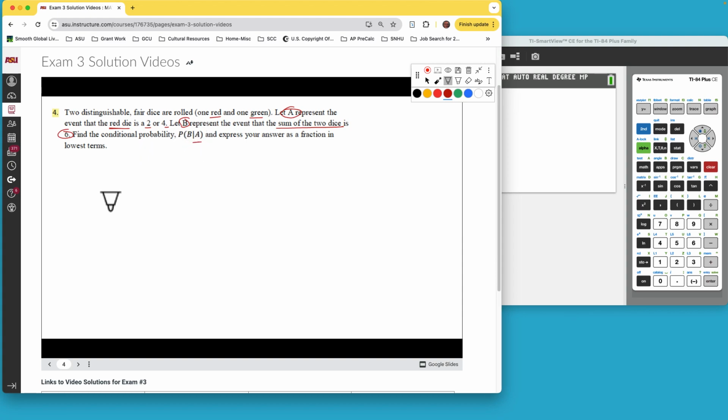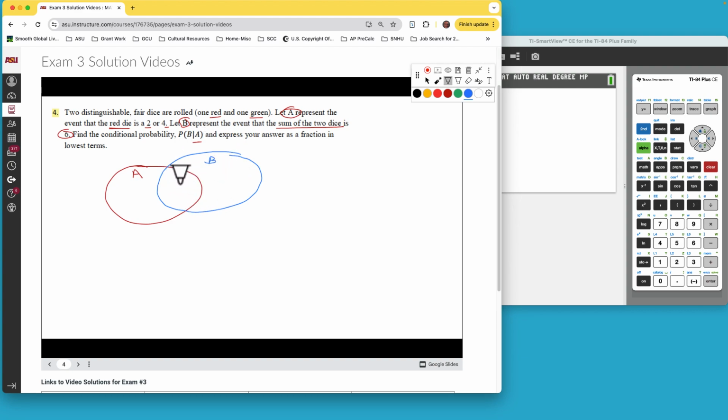So one way to do this is to take, again, probability is all about counting. When we do a conditional, we change what we're counting. We change the way in which we're counting. So we know A happened. So we know that the red die is showing a 2 or a 4. Circles aren't always great, but here's A happening. And then we're going to consider the probability of B happening.